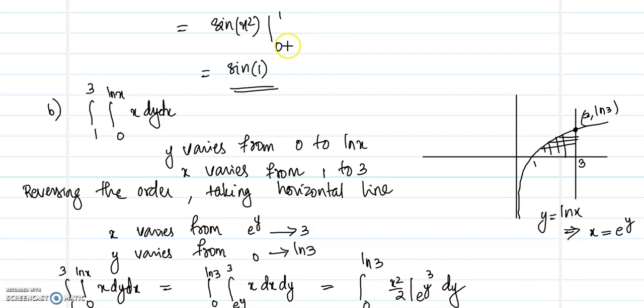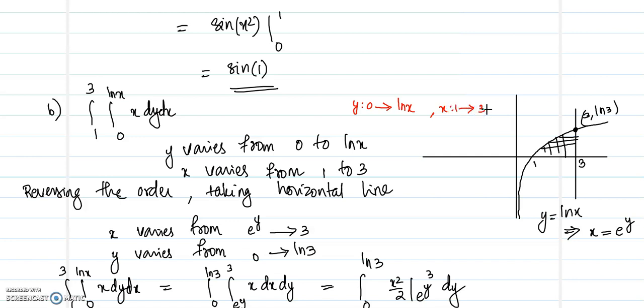Now the next problem is to evaluate the integral 1 to 3, integral 0 to log x, of x dy dx, by reversing the order. So let us first look at the curves we have. We are given y varies from 0 to ln x and x varies from 1 to 3.